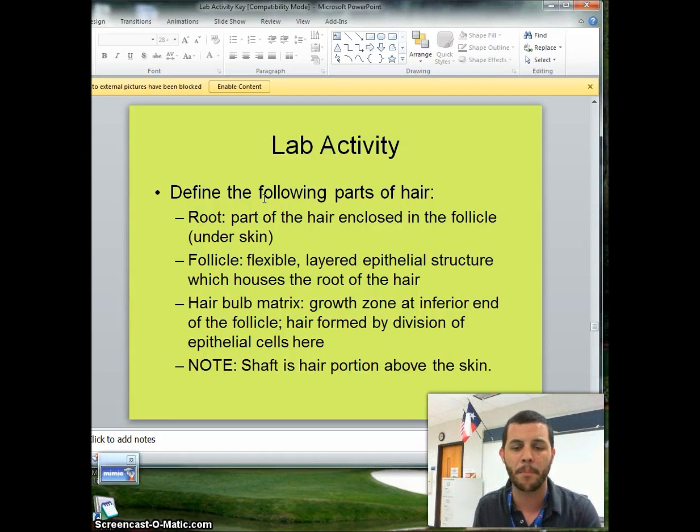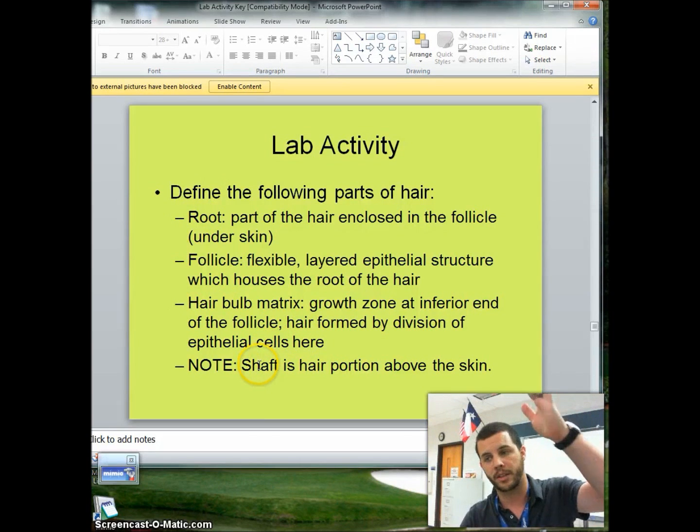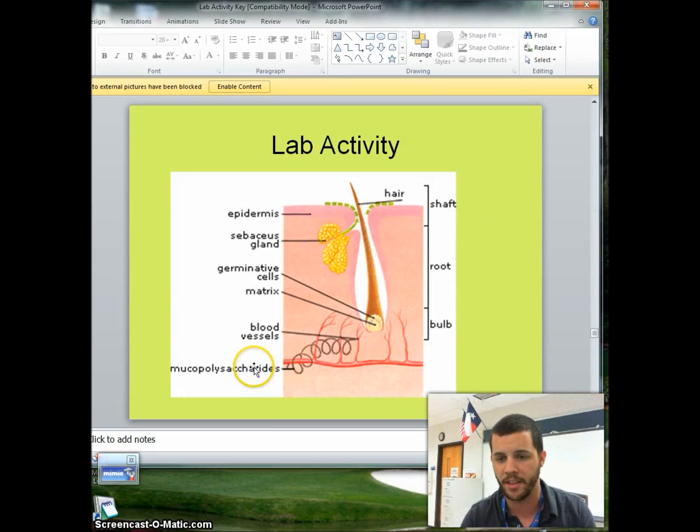We also have the hair bulb matrix, and the matrix is the growth zone. That's where you have rapidly dividing cells, which continuously push the hair out into the outer area. The shaft is the hair portion that's above the skin. All of these other things are underneath the skin. The shaft is the part that is out of the skin.